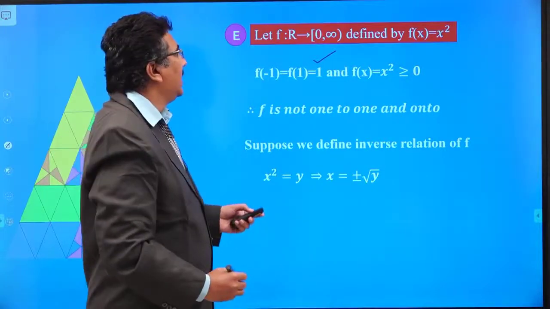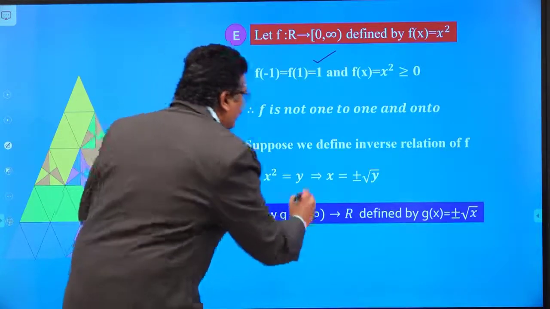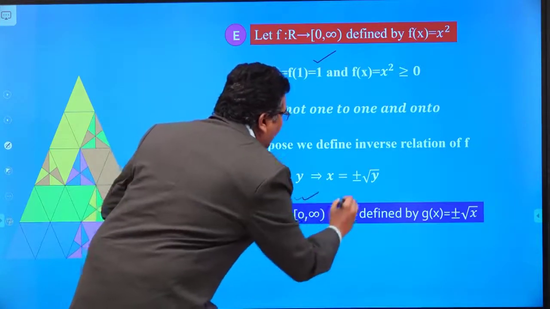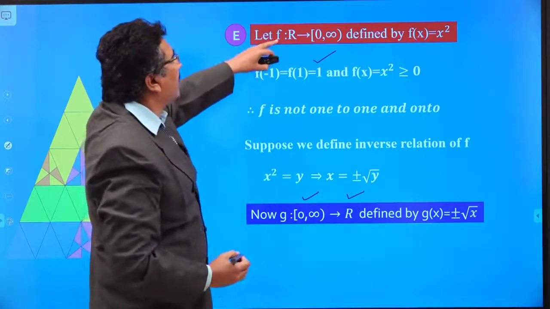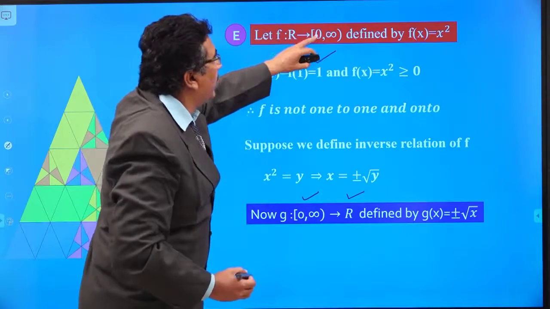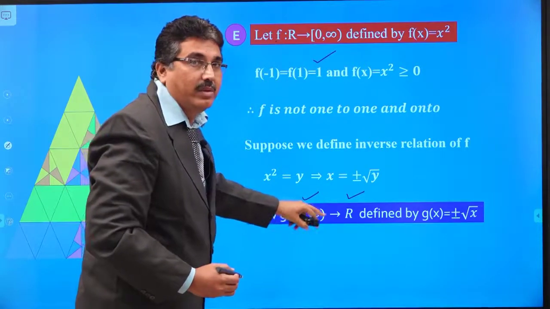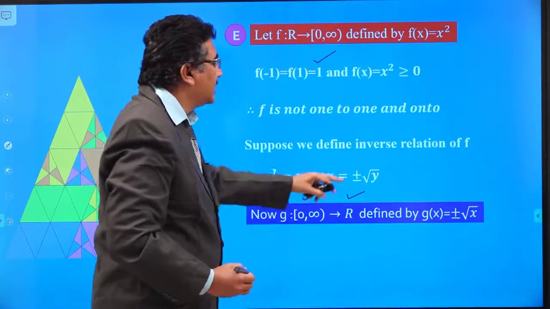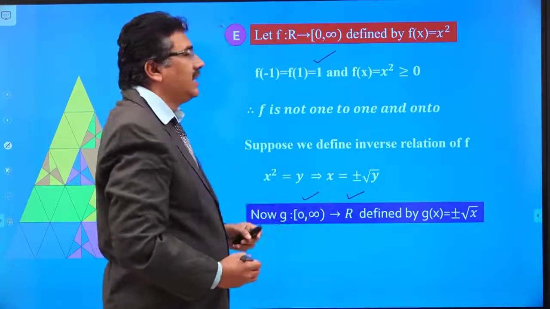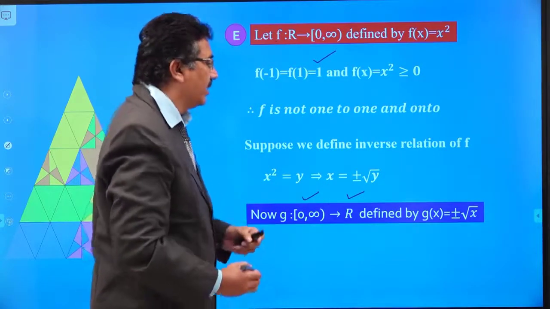Now, g mapping from closed interval 0 comma infinity to R. Observe that here f maps from A to B, g maps from B to A. This relation is defined by g of x equal to plus or minus root x.